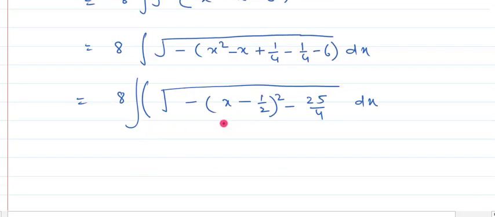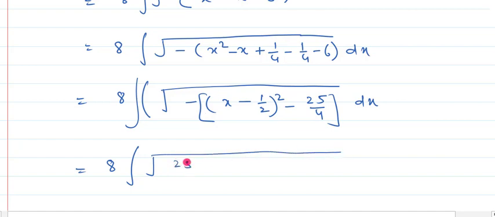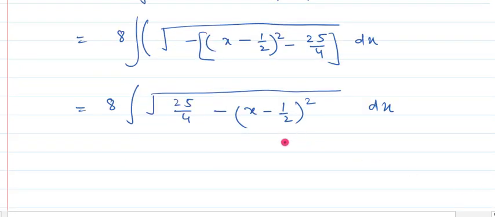Again taking this negative sign inside the bracket, we get 8 into integration of square root of 25 upon 4 minus x minus 1 upon 2 whole square dx. It is simply the identity under root a square minus x square dx. So by using that result, you can easily find the final answer for this problem.